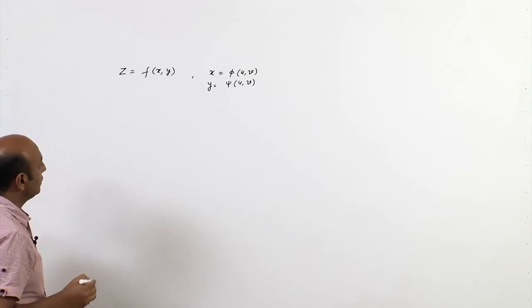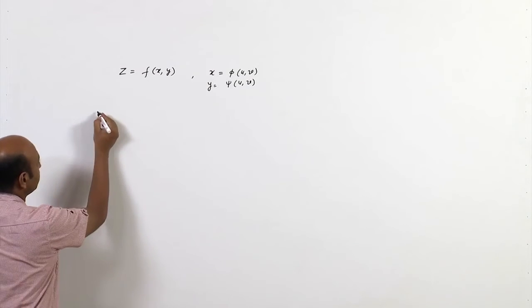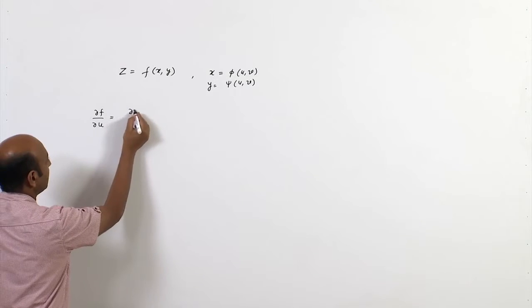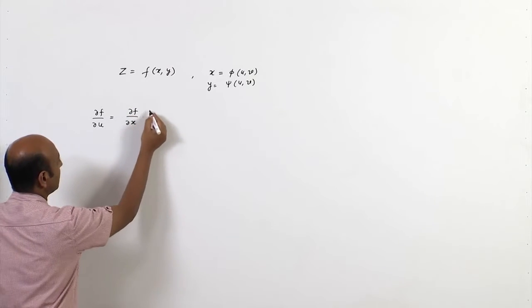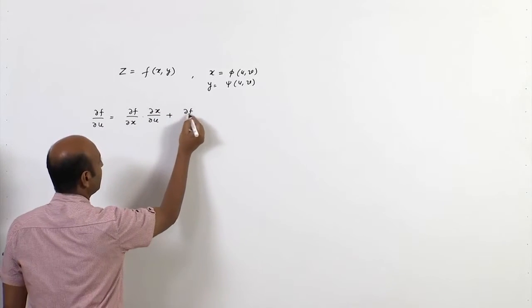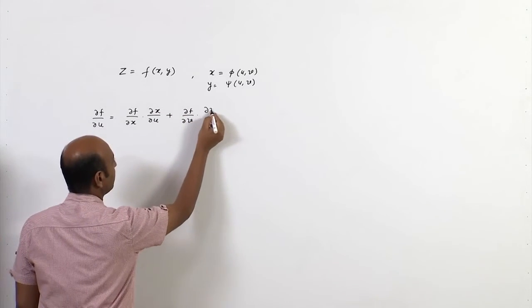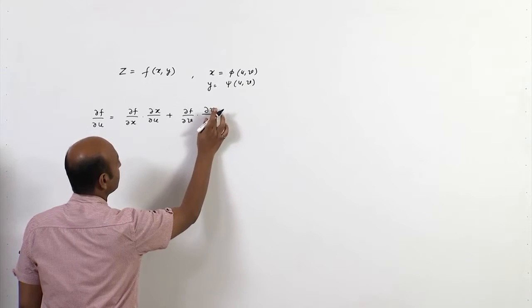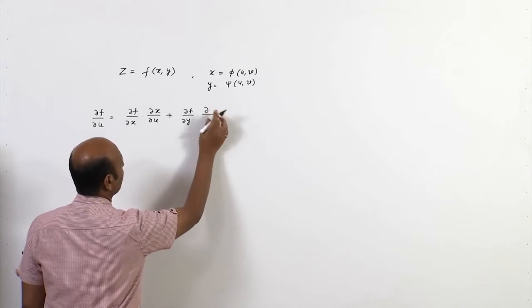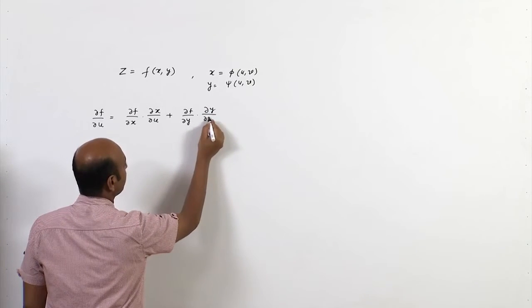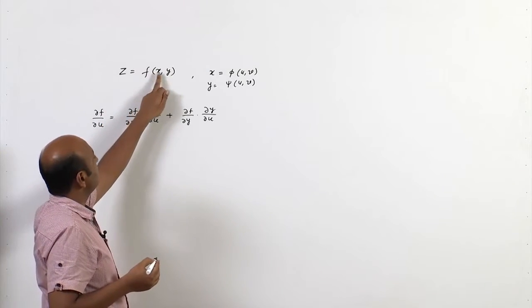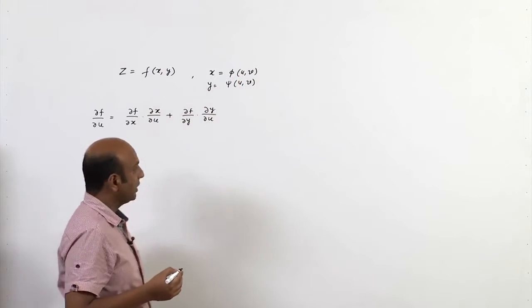We already know that if we want to compute del f by del u, by the chain rule we can write del f by del x into del x by del u plus del f by del y into del y by del u, because f is a function of x and y, and both are functions of u and v.